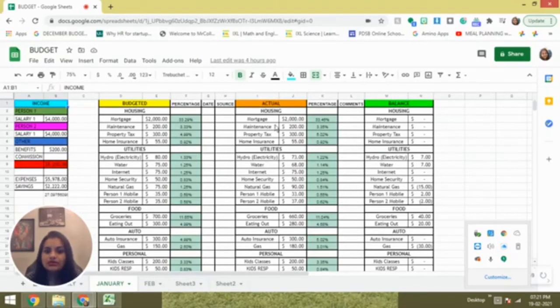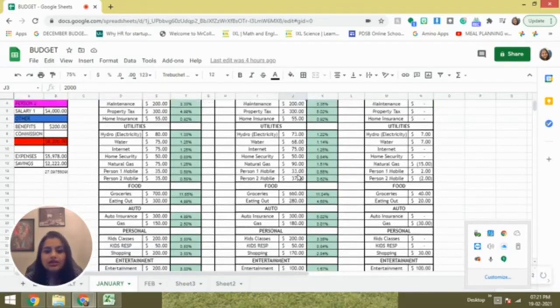So let's jump back to the main page, the monthly budget. Here I've put all the fixed expenses as the same, and in case of variable expenses like the utility, grocery, and other personal expenses, I've just tweaked a little bit. For example, in hydro I put 73, which saves me $7, and in case of natural gas I put 90, in which I'm actually overpaying $15.